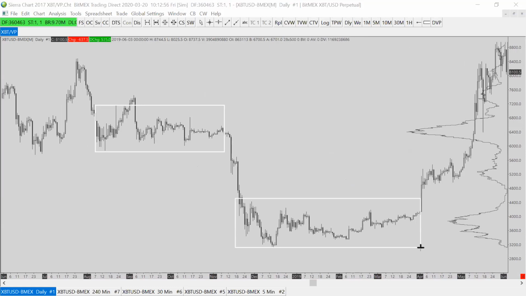So we consider price to be in balance. And as I explained a couple of weeks ago, it's in ranges like this that the majority of volume is traded, because that's where the liquidity is. That's where large traders are doing business.